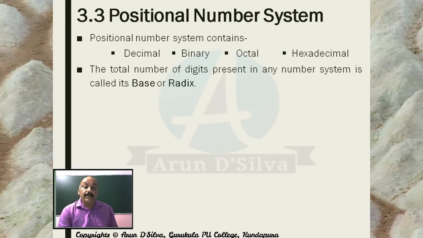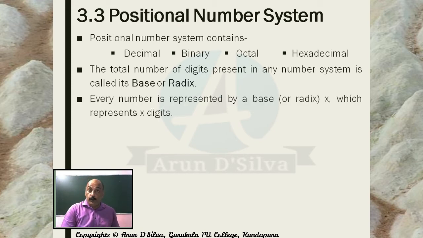Example, in the decimal number system, how many digits are there? 0, 1, 2, 3, 4, 5, 6, 7, 8, 9. 10 digits are there. So the base of this number system becomes 10. Similarly, binary uses only two digits, 0 and 1. So the base of this number system is 2.